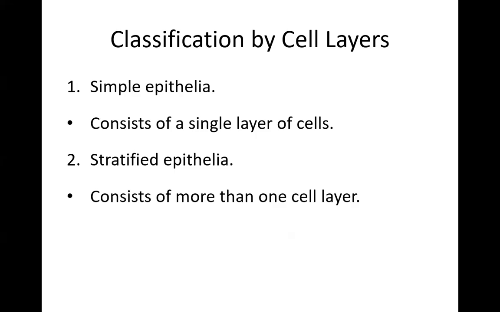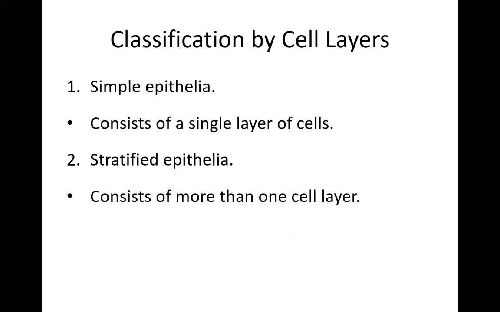But this is simple epithelium. In stratified epithelium, what do you have? You have two types of cells. You have cells that, yes, are touching the basement membrane like this. And you have other cells that are on top, on the head of the cells touching your basement membrane.